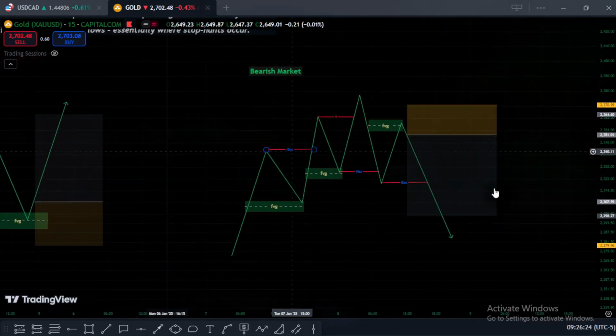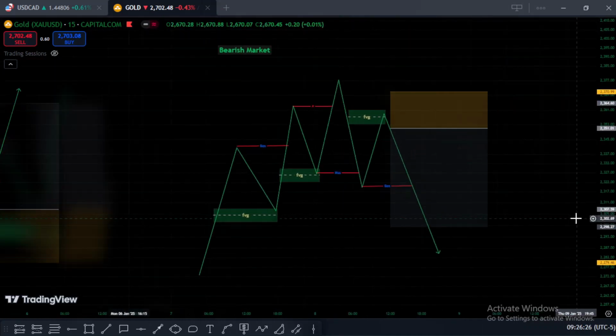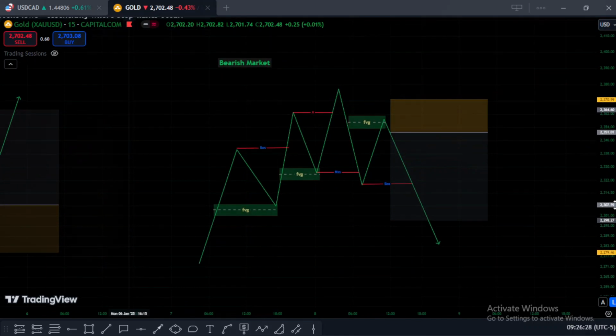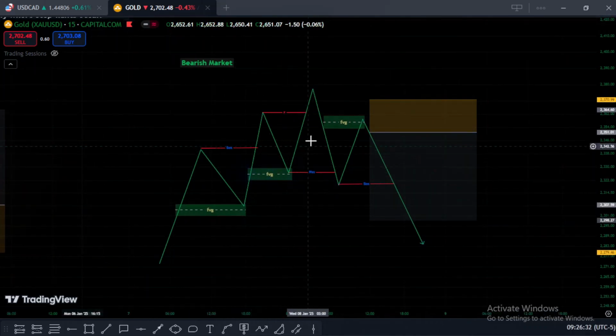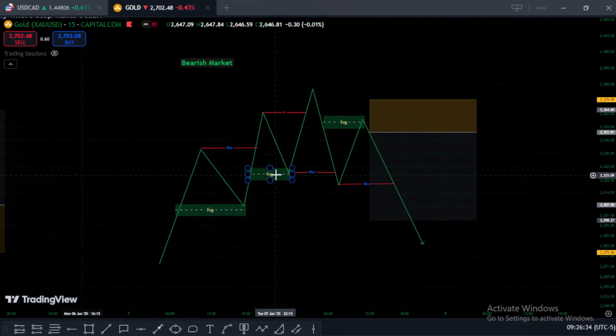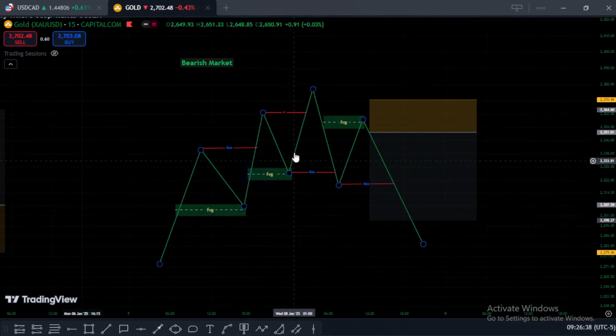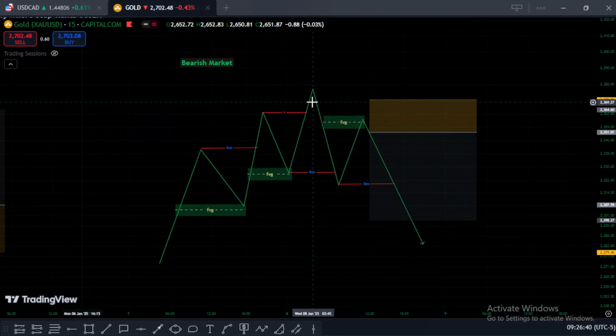So let's go for the bearish market. For the bearish market, it's likewise the same. We've been going up in a bullish trend. Price respects this fair value gap, gives us an expansion, and then gives us a sweep with a wick. You don't want to see price closing with a body.